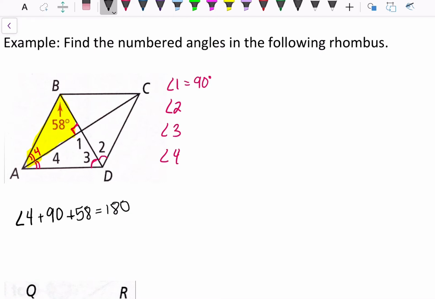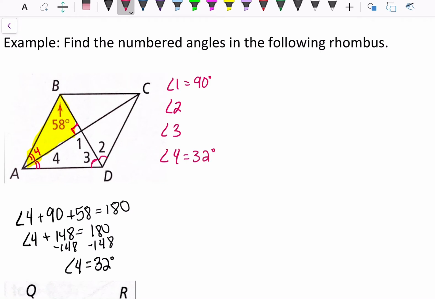And then we could solve for angle 4. So 90 plus 58 gives us 148. Subtract that from 180, and we find that the measure of angle 4 is 32 degrees. So this is 32 degrees.